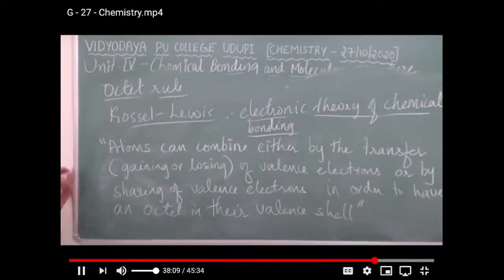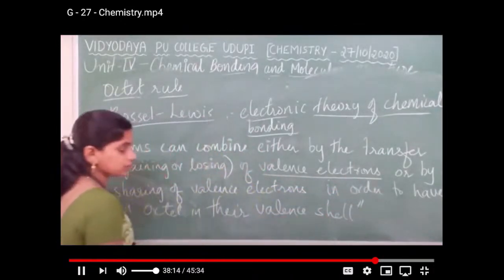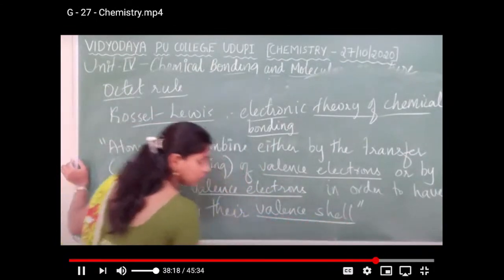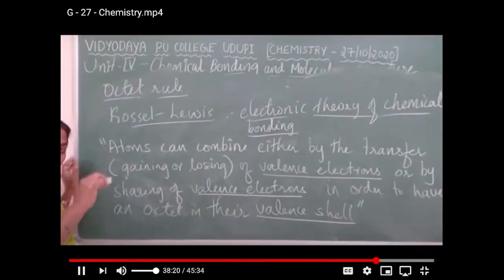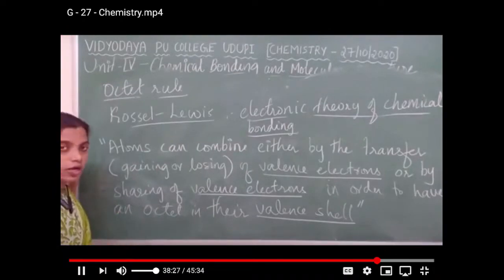Here you have to keep in mind the important words valence electrons and the valence shell, meaning only the outermost shell electrons are involved in the bonding. Inner shell electrons do not participate in the bonding.